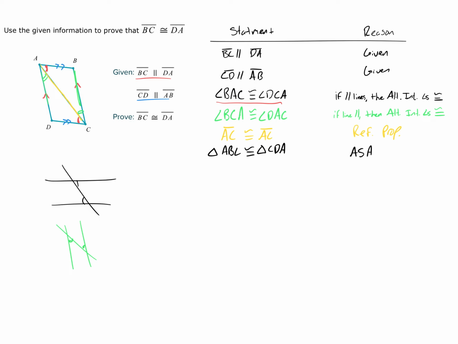So I can actually now insert this final statement here. And the reason is corresponding parts of congruent triangles are congruent. CPCTC is the reason for that. I think that one's at the very bottom of your list. So CPCTC stands for corresponding parts of congruent triangles are congruent.